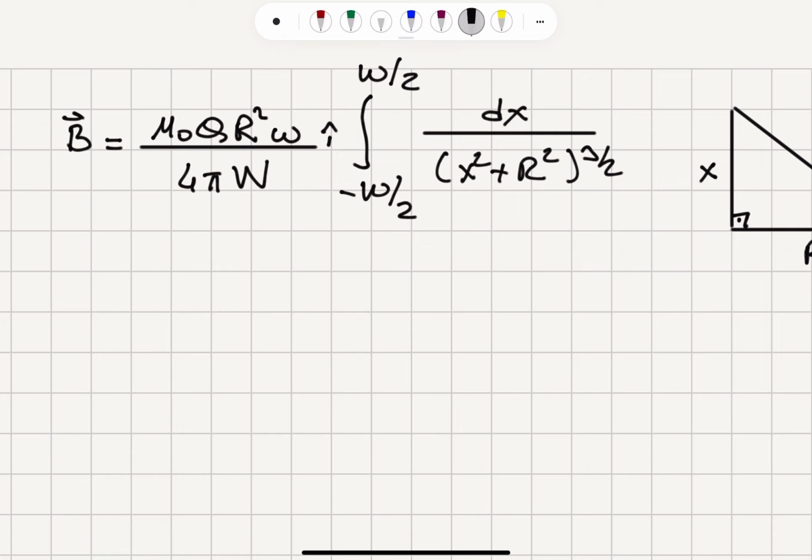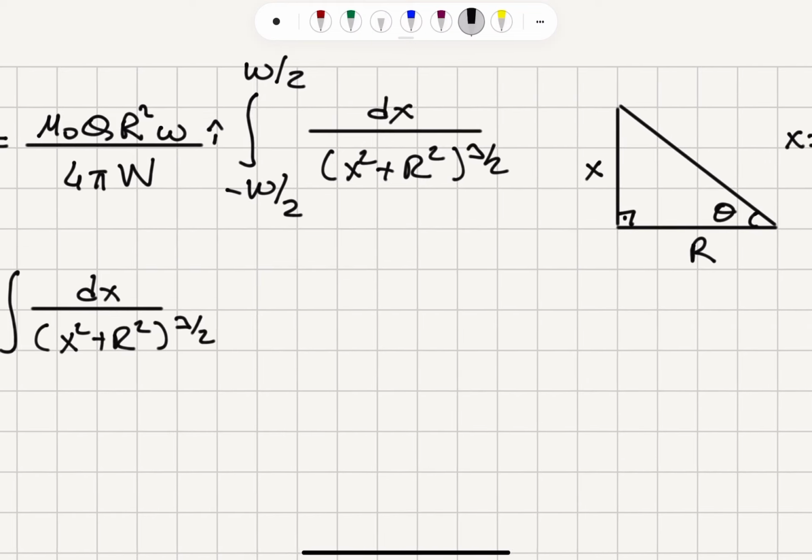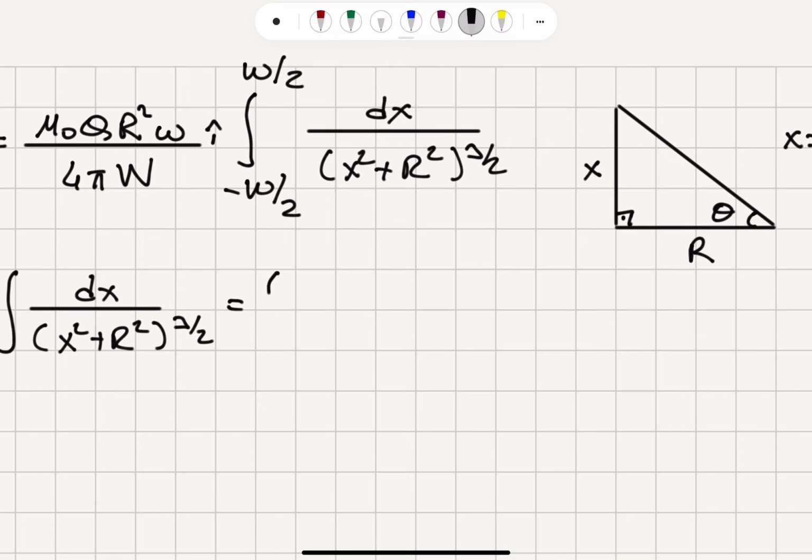The integral of dx divided by (x squared plus R squared) to the 3 halves is then going to become the integral. For dx I write capital R secant squared theta d theta, and at the bottom I will have capital R cubed.